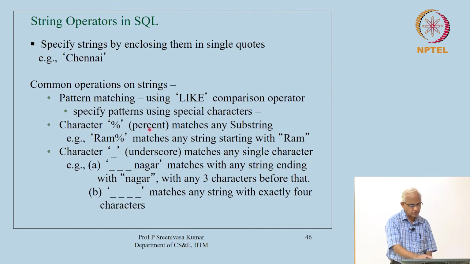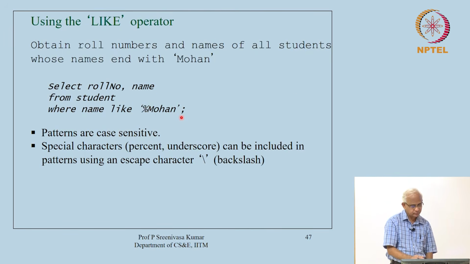So, you can use this like operator and the patterns while checking the value of an attribute, whether it is equal to something or it is like this pattern. Here are some examples. Obtain the roll number, names of all students whose names end with Mohan or begin with Mohan, or whatever you can specify like this.